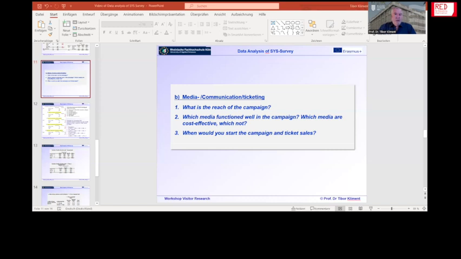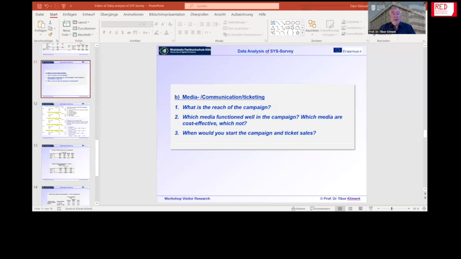So we'll address this question in our next example. We'll address the question how you can measure what is the reach of the campaign. We will answer the question which media function well, which media are cost effective, which not.